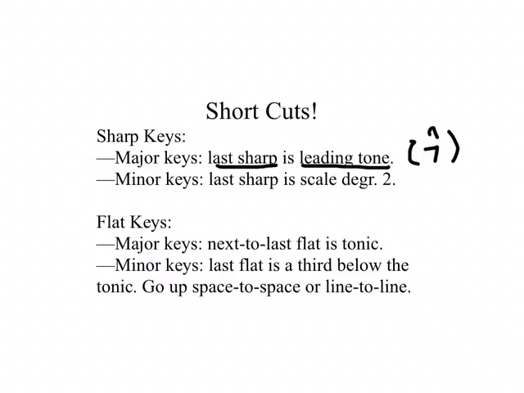As long as we're dealing with sharps, what about the minor keys? Here, instead of going up to the next note from the last sharp, if we go down to the next note from the last sharp, or in other words, if we take the last sharp as the second scale degree in the minor key, then we can find the tonic.